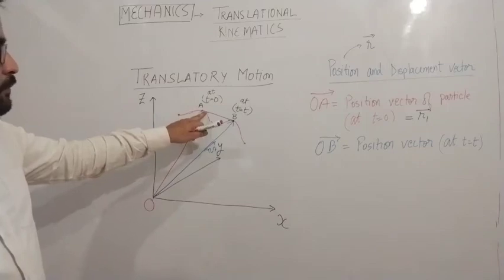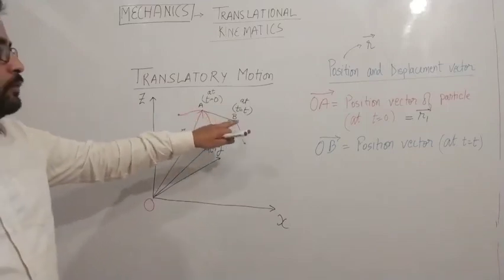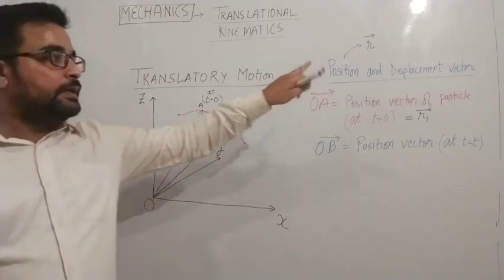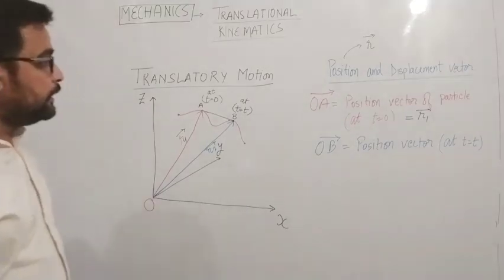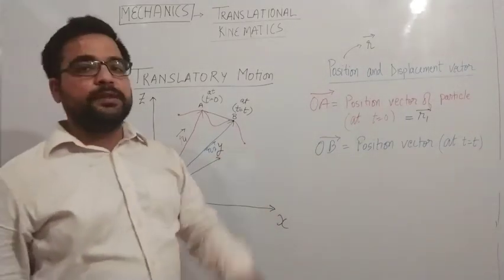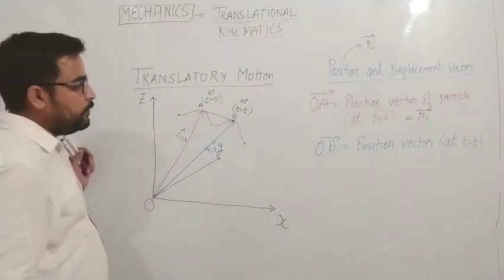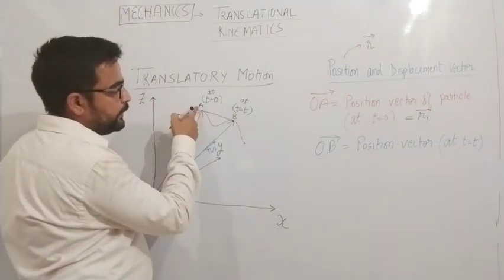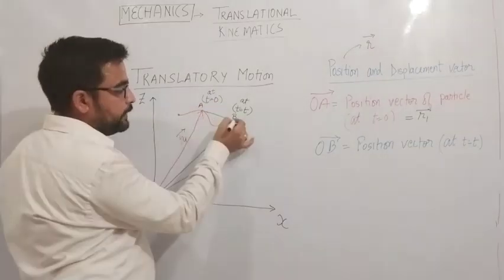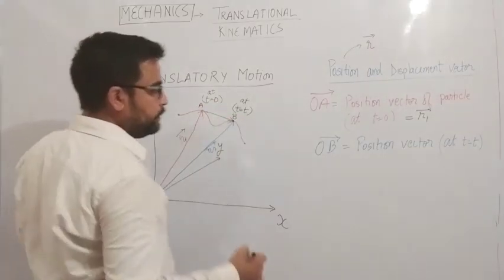So this black color line will give you the magnitude of displacement, right? Now as we know that displacement is a vector quantity, its direction is always from starting point to final point. So vector AB will be what?